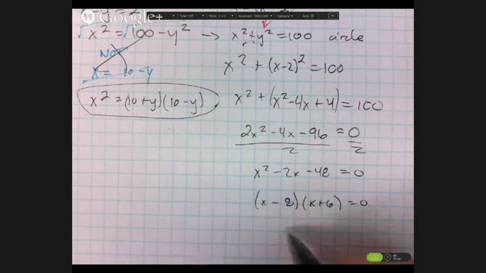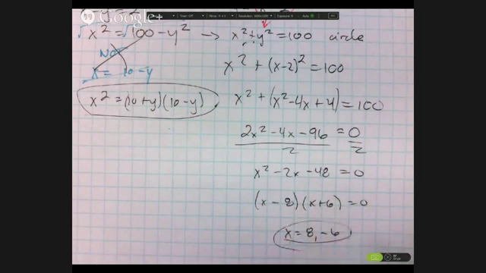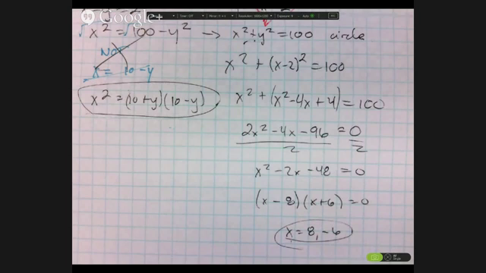So x is 8 or negative 6. Right? So solving quadratics, you will need to remember how to do that. Factoring is useful, and so is the quadratic formula. I tried to do the quadratic formula on one of our homework ones, and it wasn't very pretty. We can look at it.